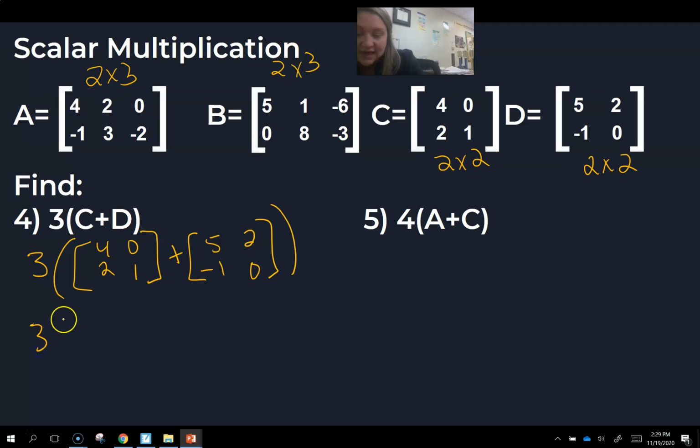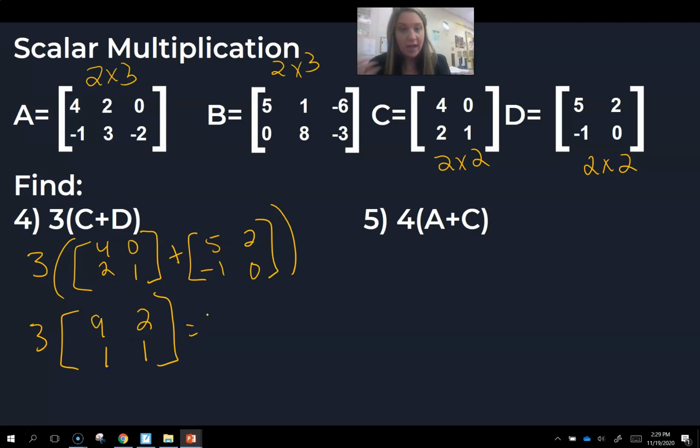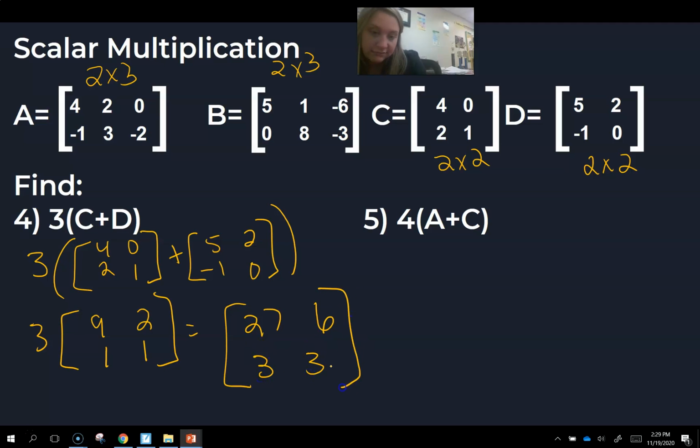When I add those together, it's going to give me 9, 2, 1, and 1. And now I multiply everything by 3, which gives me 27, 6, 3, and 3. That's it. So order of operations, still a thing, just make sure you can do it.